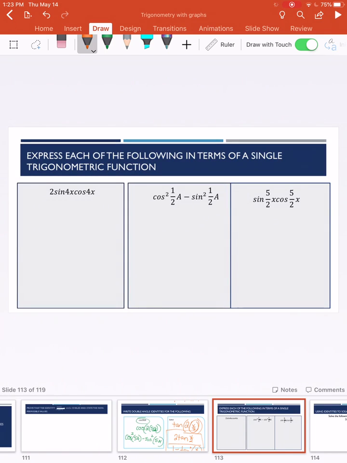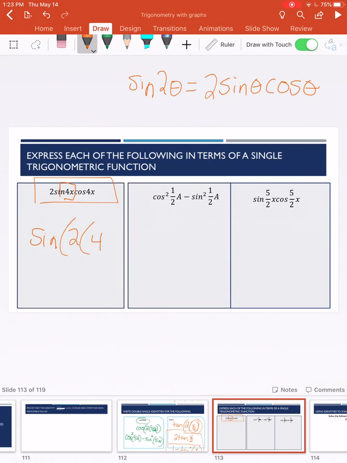Let's use the double angle identity a little more. Here, when we see this identity, sine 4x cos x, that looks the same as sine 2 theta equals 2 sine theta cosine theta. You can see your angle is the 4x. So then we have sine 2 times our angle, which is 4x, and we can simplify that because 2 times 4x is 8x.